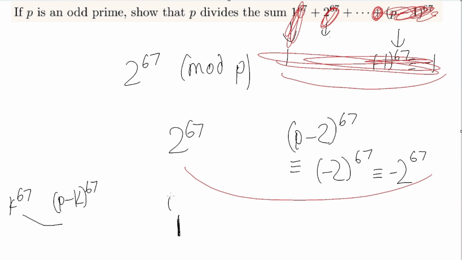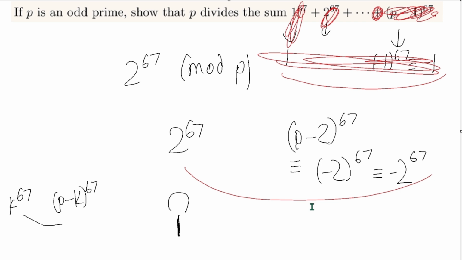So that means that it pairs up with itself, and if it pairs up with itself, we can't do anything with it. So therefore, we can't use P equals 2. And as such, we have that P being an odd prime is necessary. So yeah, P equals 2 is a really weird prime.